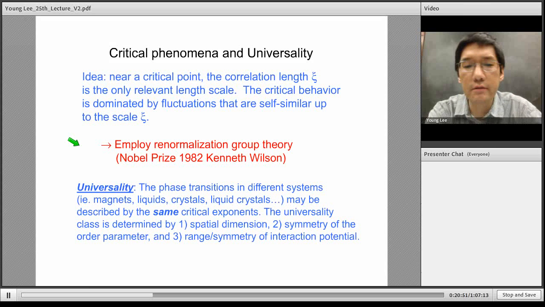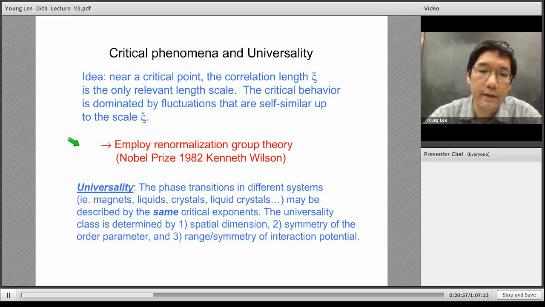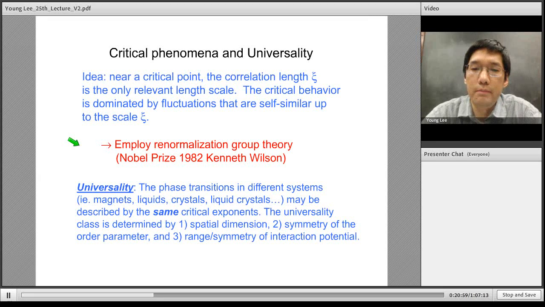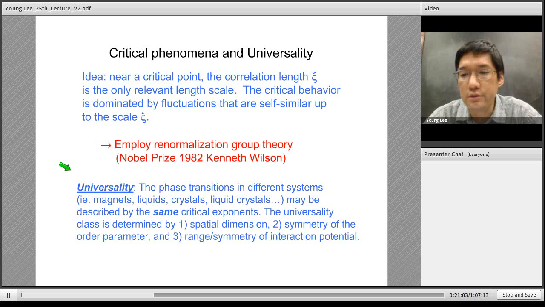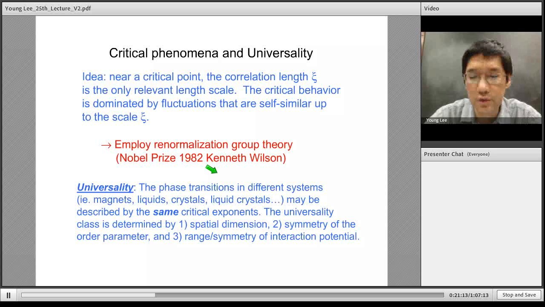And what comes out of this is that there's this idea of universality, that many different condensed matter systems that may not seem obviously related at all, such as magnets that some of us really love, but other people love soft condensed matter, and that's fine too, such as liquids or liquid crystals.